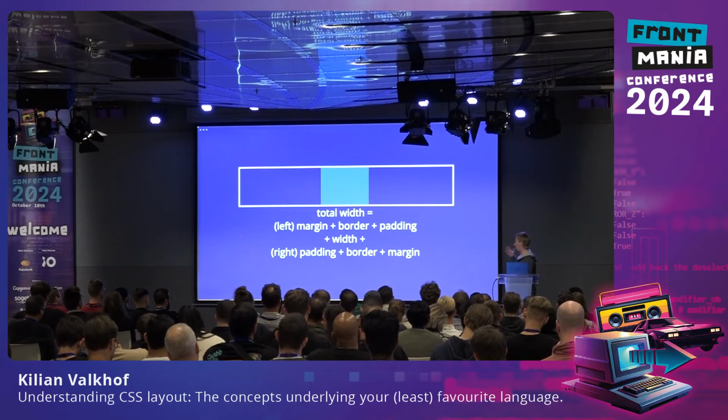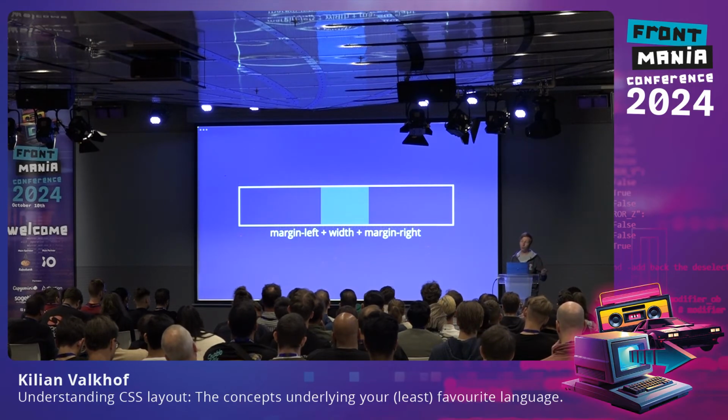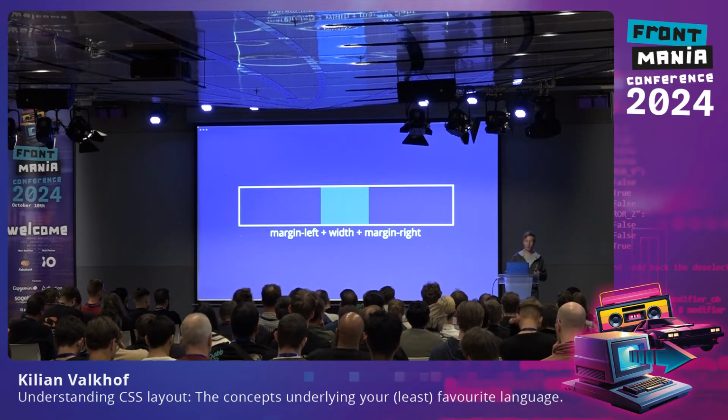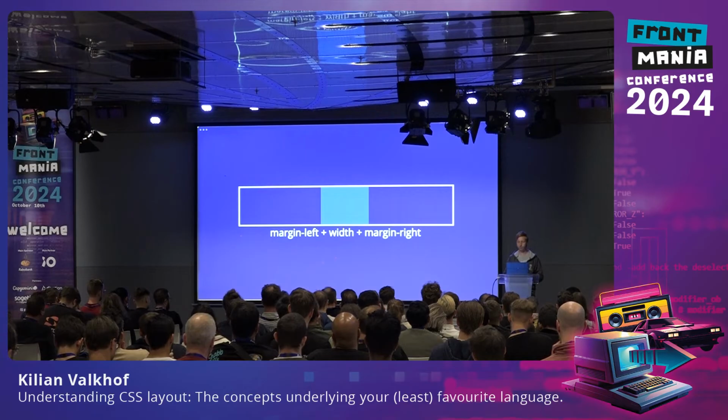Now, this is the complete formula, but border and padding are static, so we can simplify this. The formula for every block level element, its horizontal layout, is margin left plus width plus margin right need to be in balance.